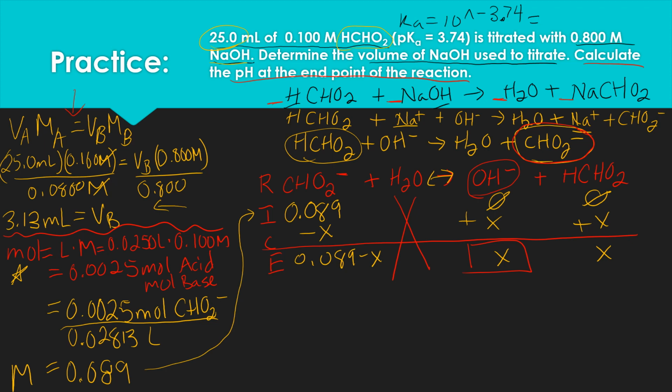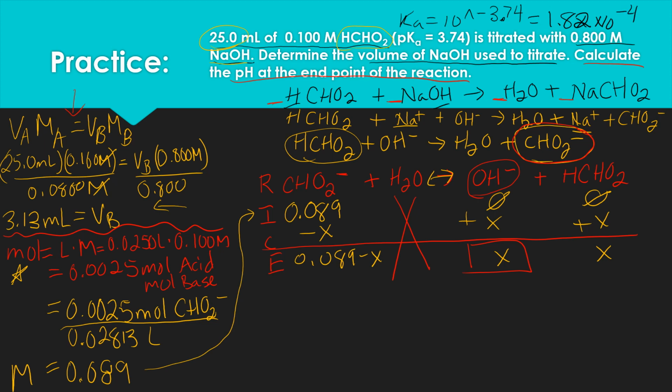Well, up here, in order to plug our rice table into something, we need a Ka value, we need a Ka expression. So up at the top, we started calculating our Ka value. 10 to the negative 3.74 gives us, let's put this in scientific notation, 1.82 times 10 to the negative 4.